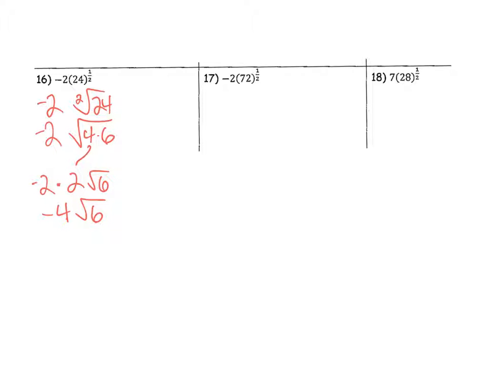Tell me 17. I got -12 back to... Oh, whoa. Hold up. Hey. What'd you do after? Oh, I'm not done with you. What'd you do after you got that? Okay, so I broke it down into -2 times the square root of 36 times 2. Then what'd you do?